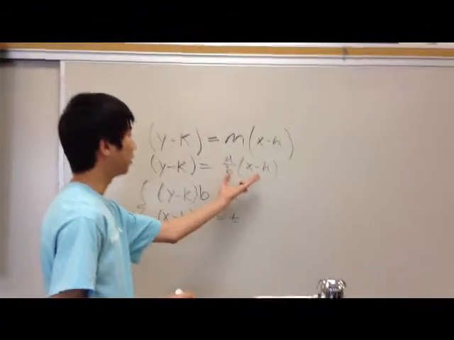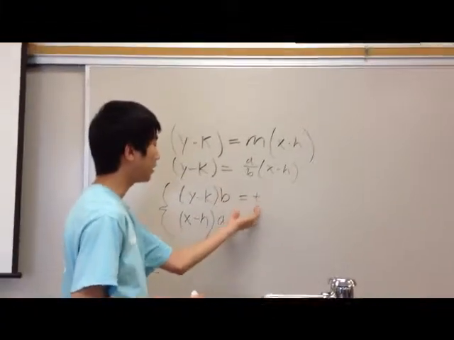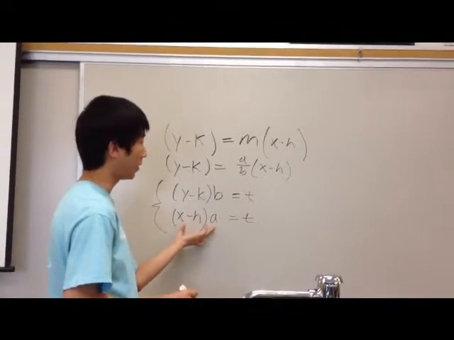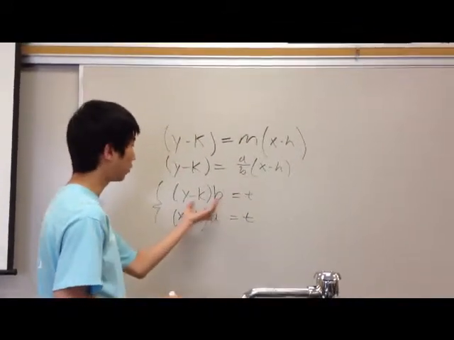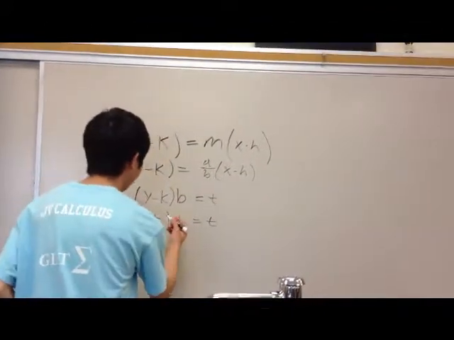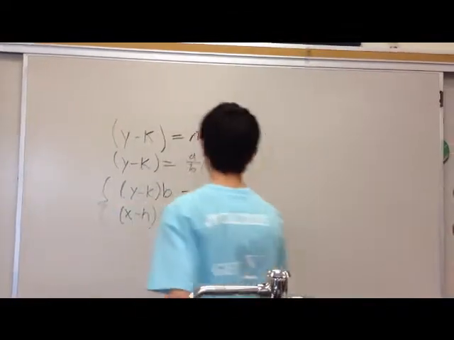Because here we're saying this part is equal to this, and if this is equal to t, t is equal to t, which is equal to this. By the transitive property, they are equal. And now we relate y to t and x to t.